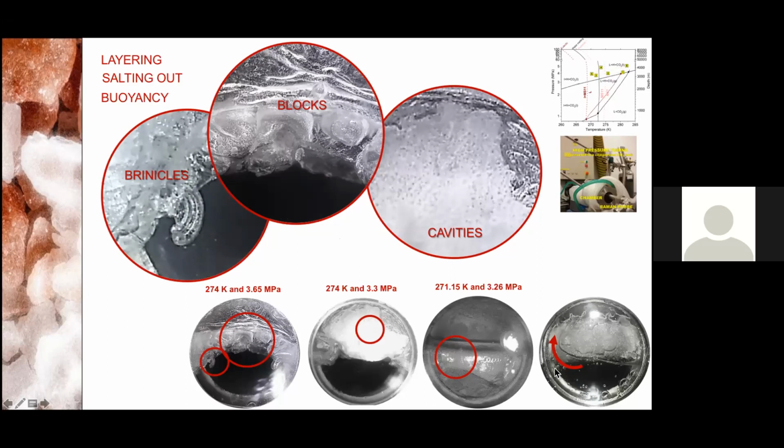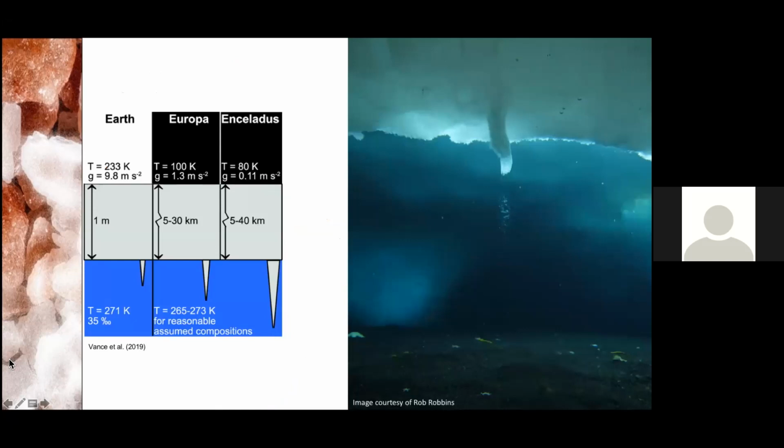And also we identified buoyant gassy liquids that rise to the top of the chamber. So also for those who are not familiar with brinicles, they are like stalactites that form under terrestrial polar ices due to different salinity and temperature in different points in the ocean.